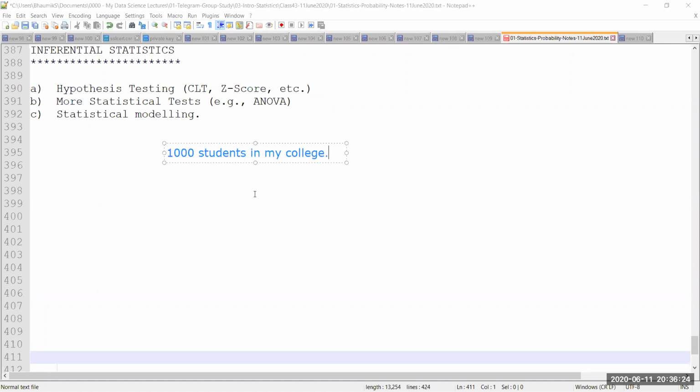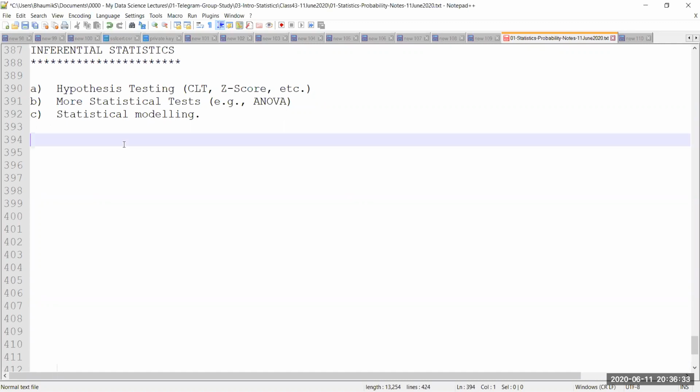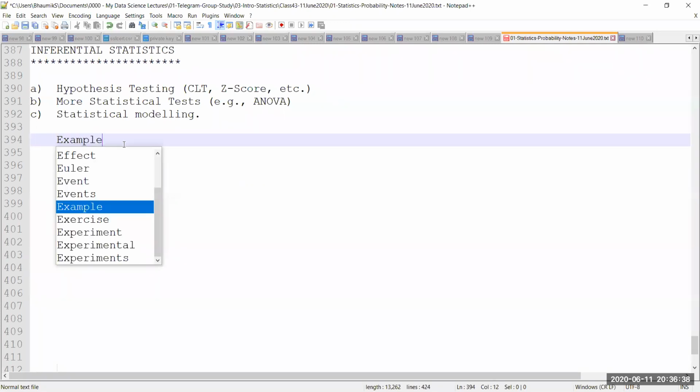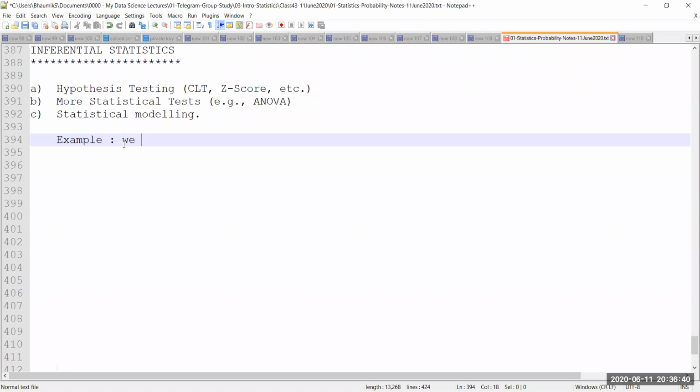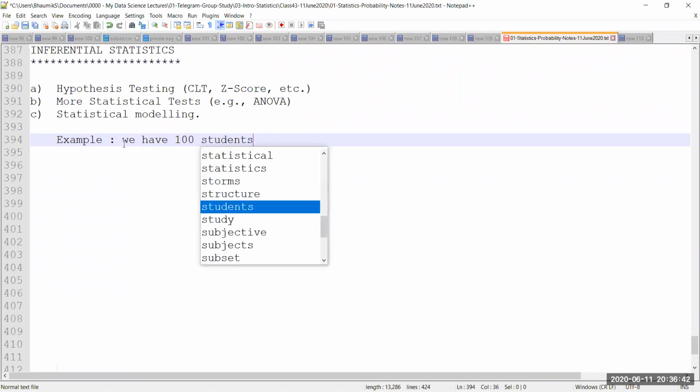I want to know, if I'm doing this, then why not write it here? Give me a moment. So we will take an example. Let's say we have 1,000 students in our college.